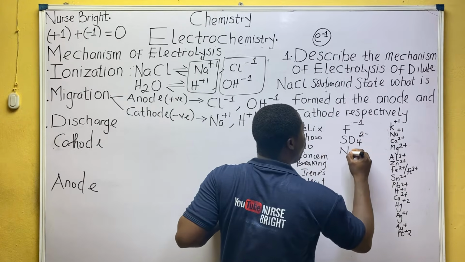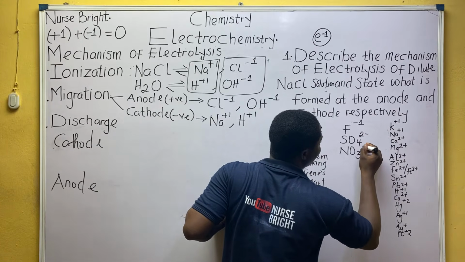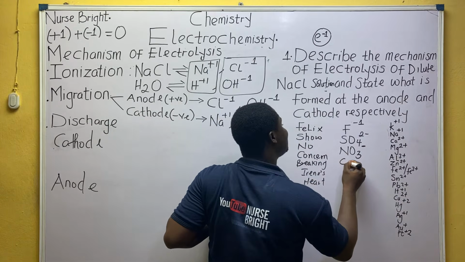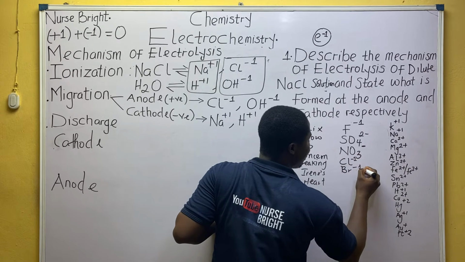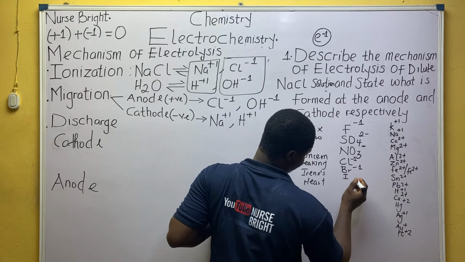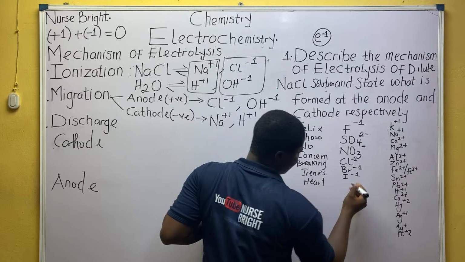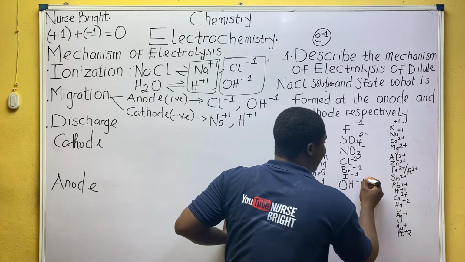NO is NO3-. Cl is Cl-. Br is Br-. I is I-. And OH is OH-, guys.